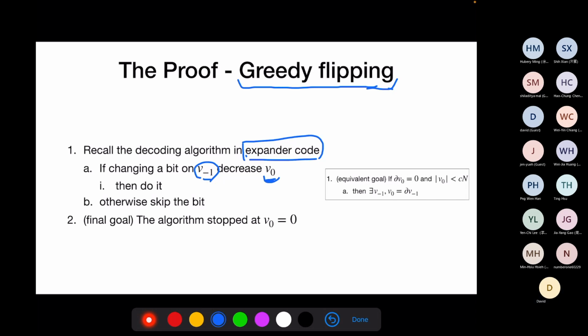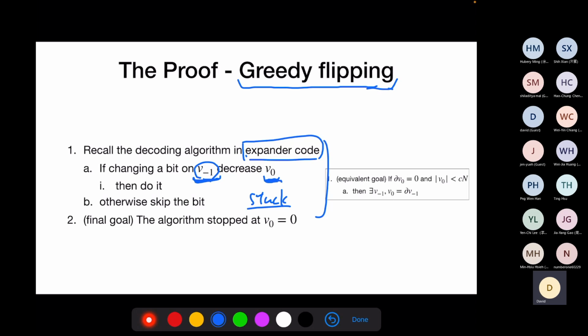So how the algorithm would run is that the Hamming distance between v0 and the image of v-1 will be shorter and shorter, until at some point there is no bit on v-1 which we can flip. So at that point we are stuck.